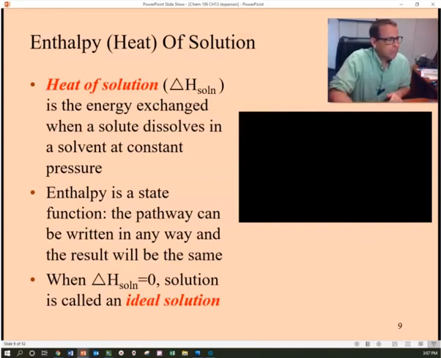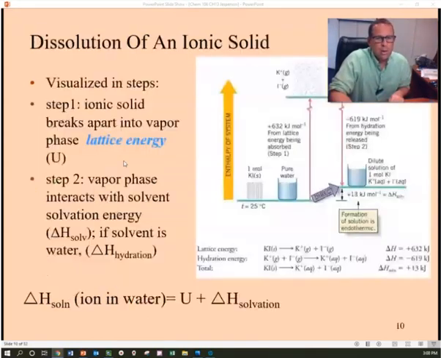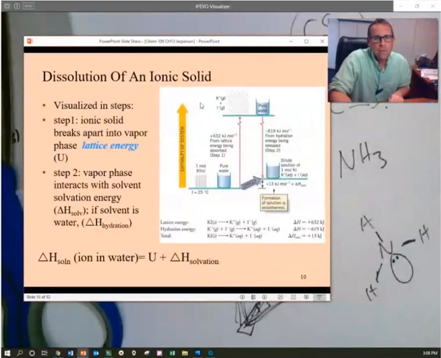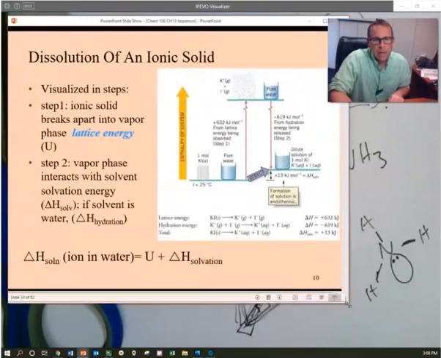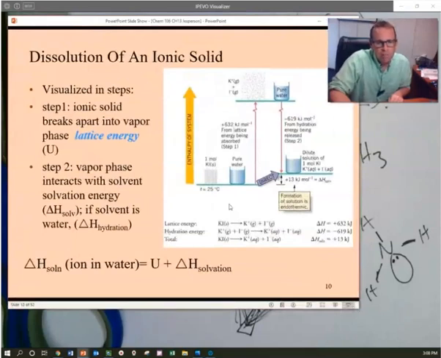Okay, very good. So, delta H of solution occurs, or there's a change in the heat of solution, when you mix a solid and a liquid together. And you can think of it this way. Here's my solid, here's my water.